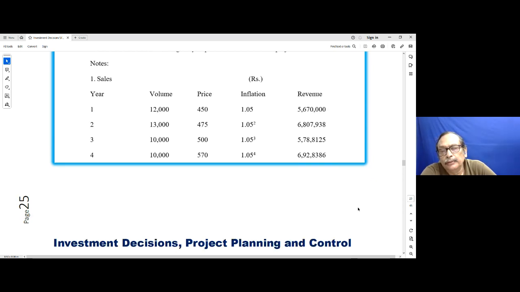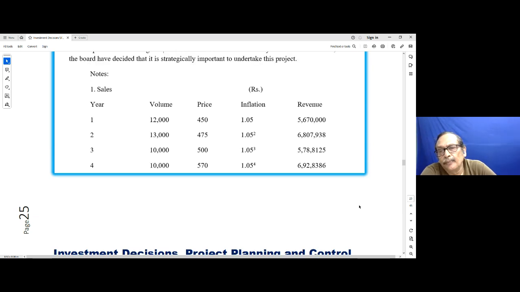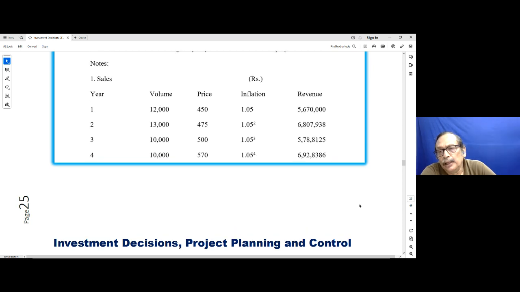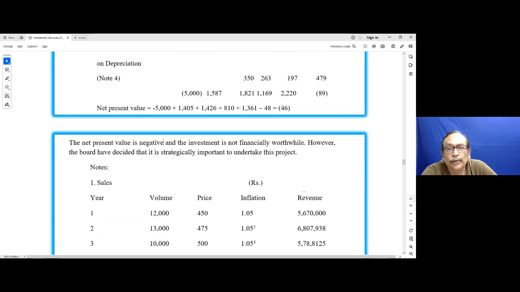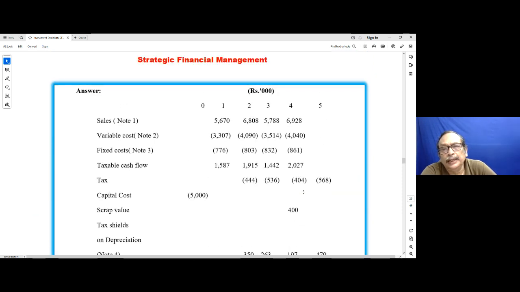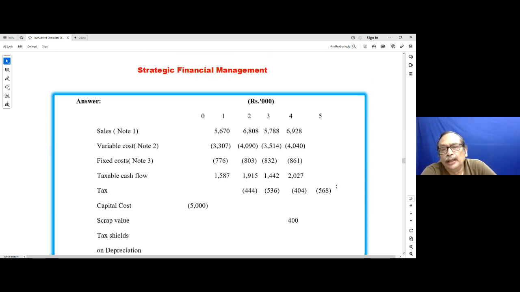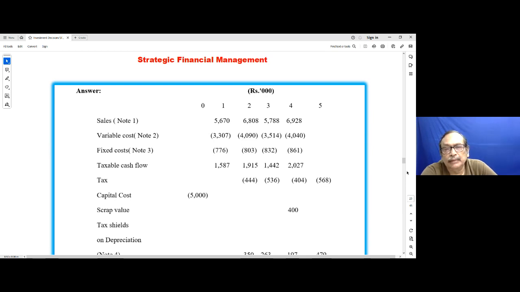And year 4, we are having 10,000, price is 570, inflation is 1.05 to the power 4, it comes to 6928386. So once we get it, we put it into sales as per working note 1: 5670, 6808, 5788 and 6928 in thousands.